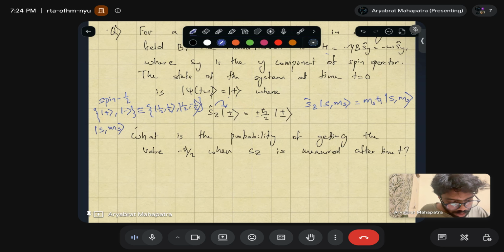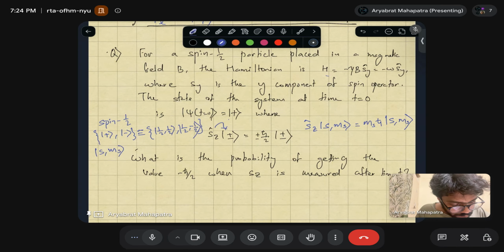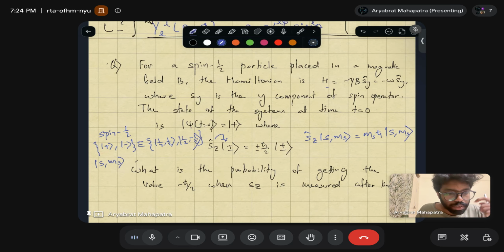So in your question it is given that the spin-half particle kept in the magnetic field initially had this up state. This is also otherwise known as up state and down state: the plus is the up state and the minus is the down state. So initially it has the up state in the magnetic field.